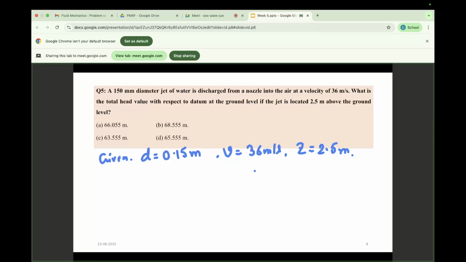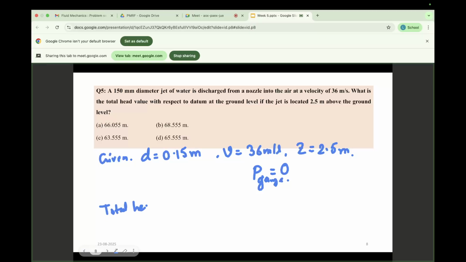Another important thing is that this is discharged into the air. So if it is discharged in the air, I consider the pressure as atmospheric pressure, that is 0. That means this is gauge pressure. I am considering gauge pressure because nothing else is given. So total head I can calculate.